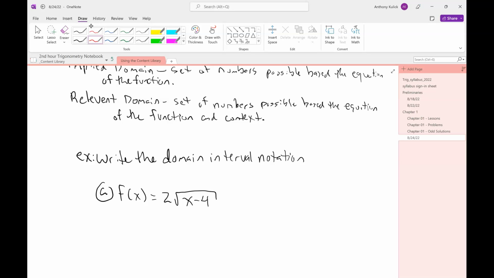Now, with the mathematics we've done, there's only two things that have given us an undefined result. Can we think about the two operations where we've gotten undefineds up to this point in our mathematics career?